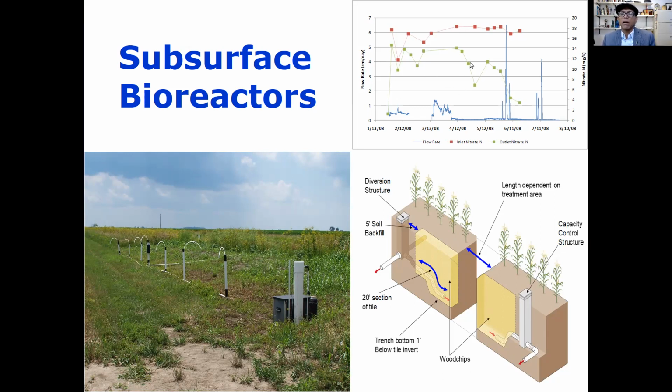We have been collecting a lot of data for the last 12, 14 years, and we have perfected the system. Now we're installing that as one of the infrastructures for water quality improvement from agricultural runoff and agricultural nitrogen and phosphorus runoff.